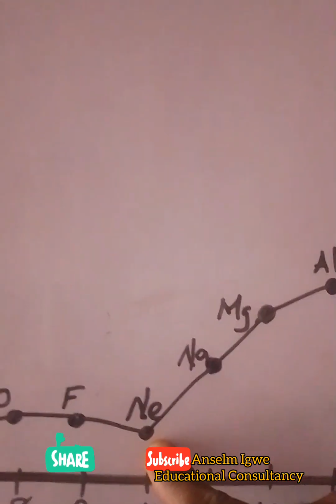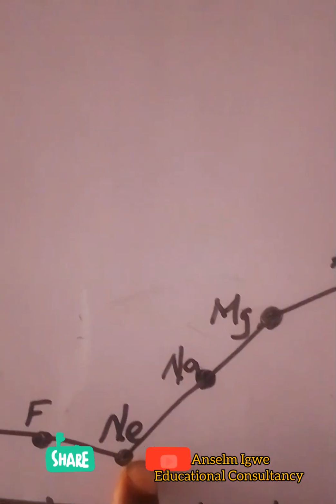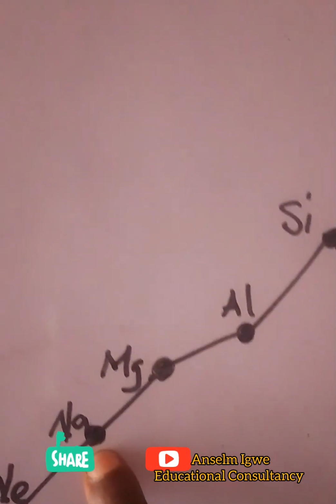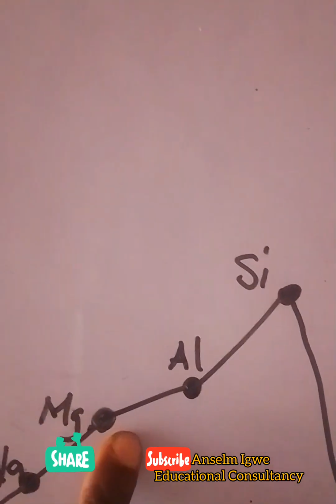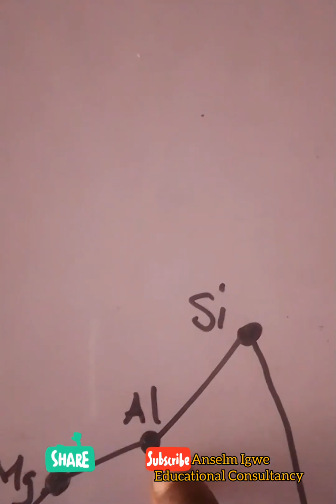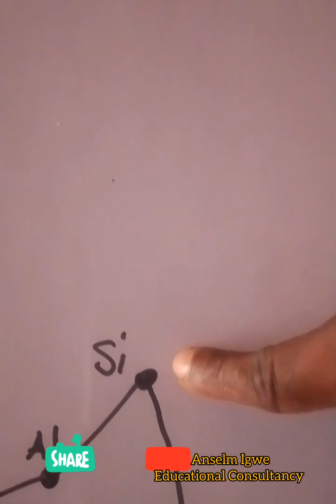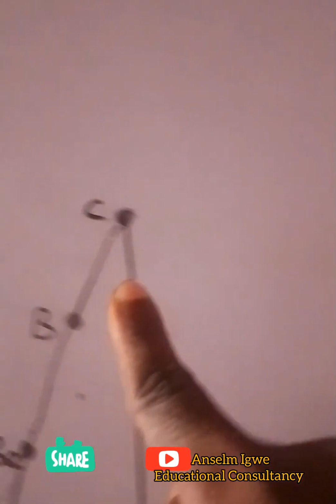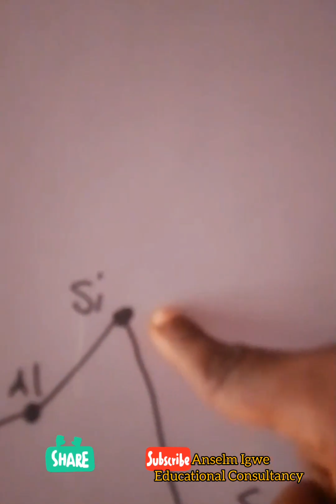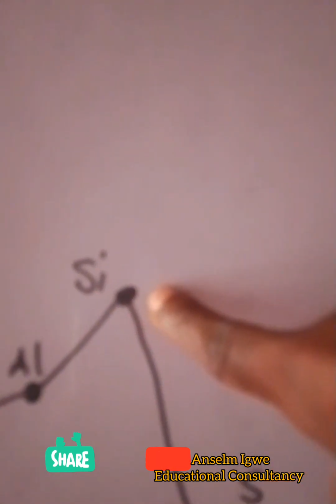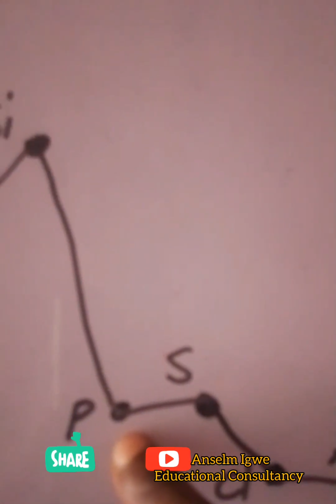Then it now comes to group 1 and it increases again. Group 2, it increases steeply. Group 3 again, it increases. Then group 4, it surges again to silicon. Remember, there was a surge here in group 4, carbon. Then the next in group 4, there is another surge. Then group 5, it comes down again. Group 6 gradually increases, just like nitrogen in group 5.